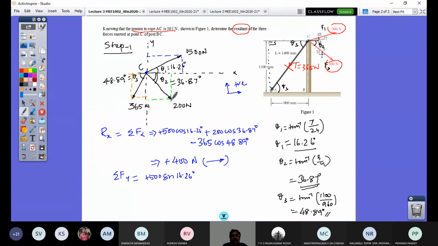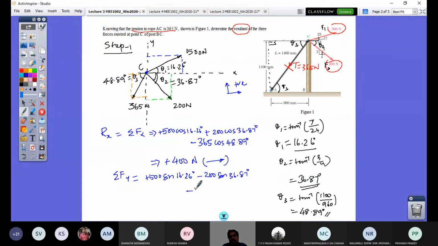And then look at the second force, 200 Newton, with respect to point C. It is in the fourth quadrant, so its component along the vertical direction is downwards. So minus 200 sine 36.87 degrees. Then the third force, again look at that, it's in the third quadrant with respect to its tail, and its component is in the negative direction in the vertical.